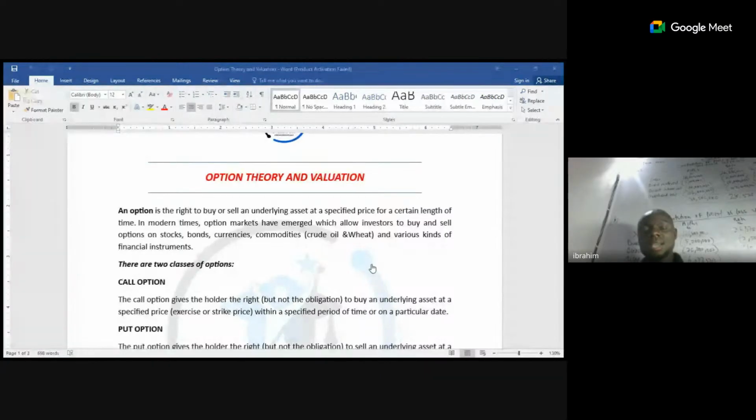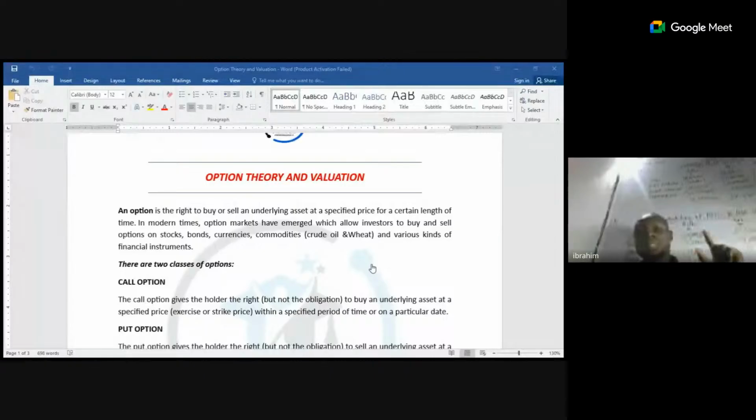Class, we have the underlying assets. Then we have the option market. The option market is different from the stock market. We will get there. Now, there are two classes of options.